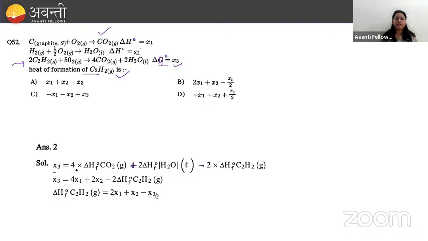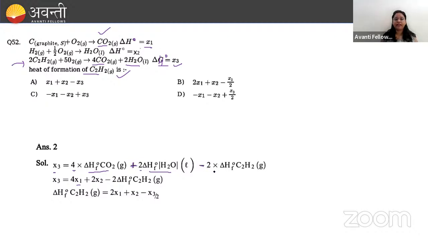So here what I have done is, the number of CO2 present in this reaction is 4 moles, and I know the delta H of formation for CO2 is x1. So I have written that. Again, 2 moles of H2O are going to form here, so I have taken 2 moles of delta H of formation of water, which was in liquid state.